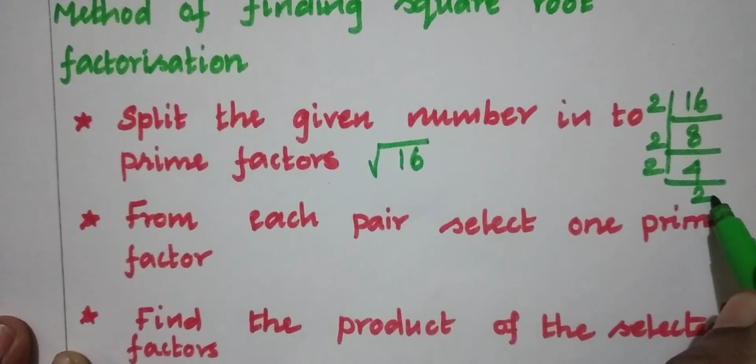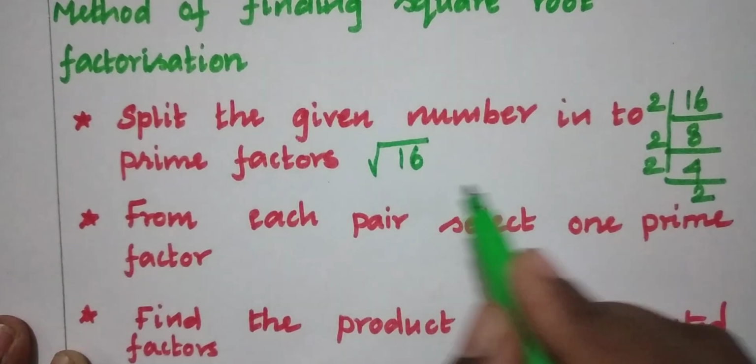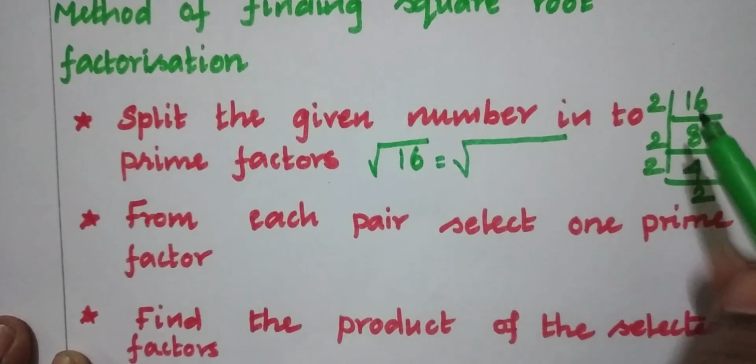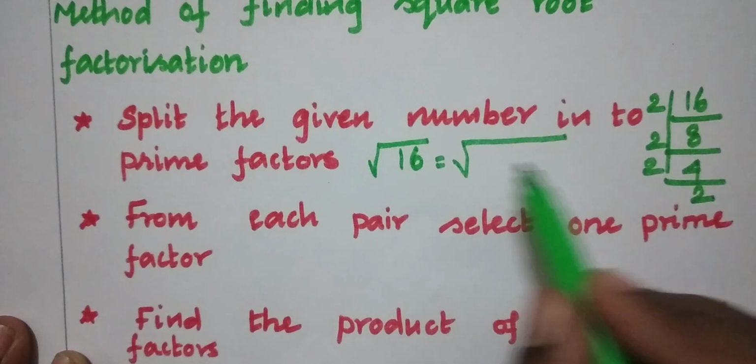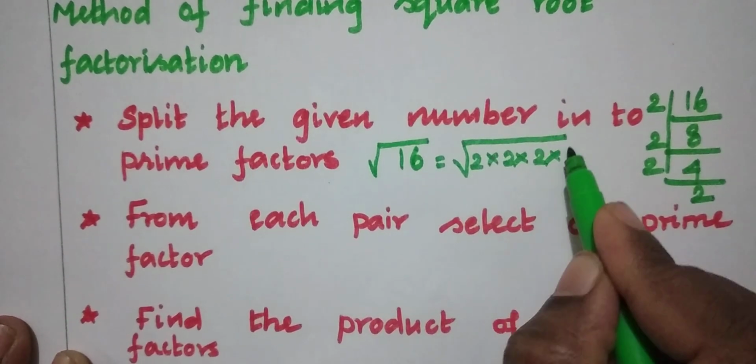Again 2 2s are 4. So we have reached the prime number. So you can write this root 16 as 2 into 2 into 2 into 2.